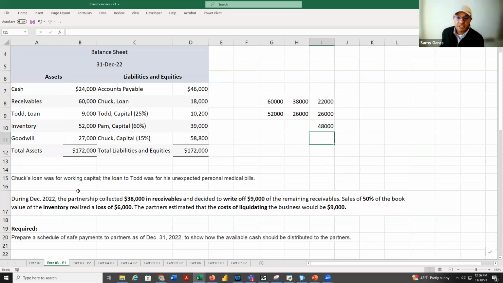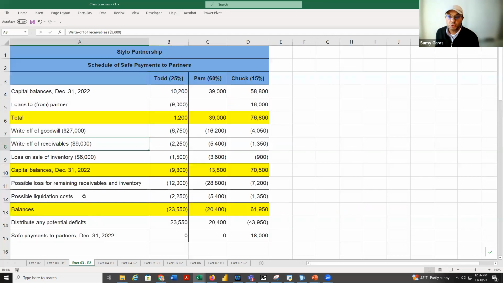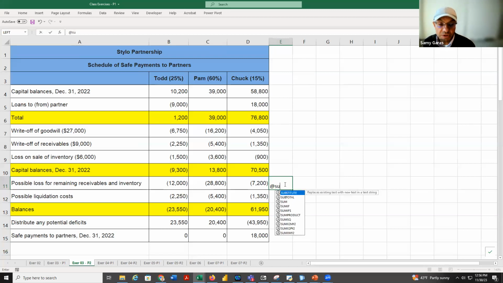Those 48, we don't see anything about them being collected, which means they are lost. So how we distribute the 48, as you can see, 12, 28,800, 7,200. And if you are doubting, you can add those three and you will get 48.